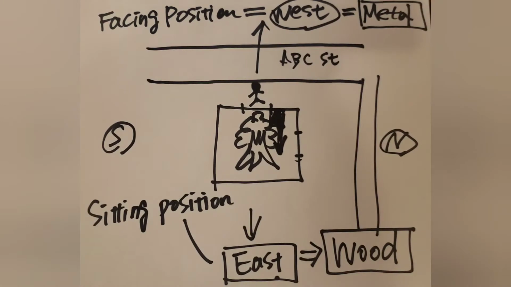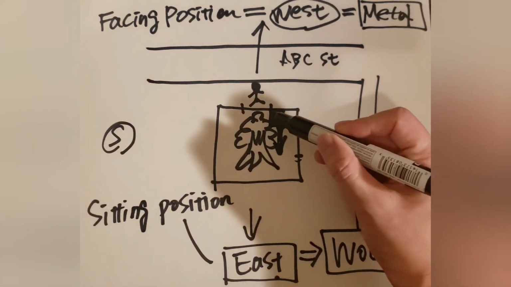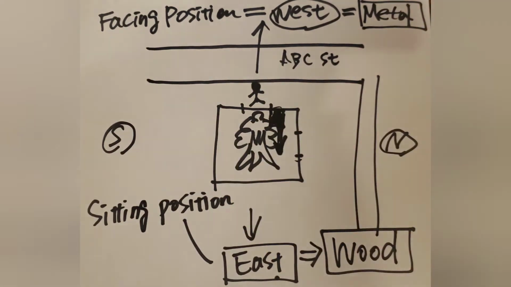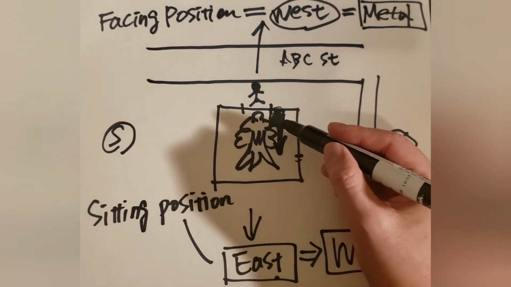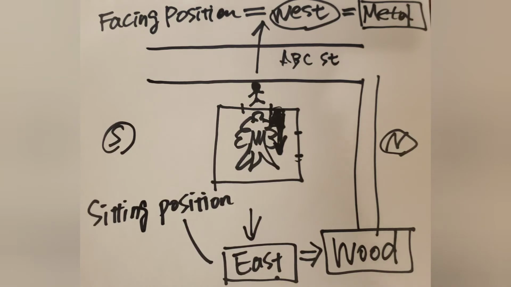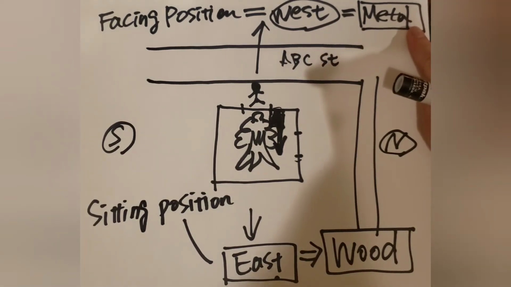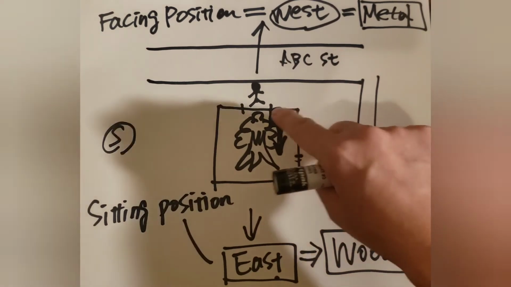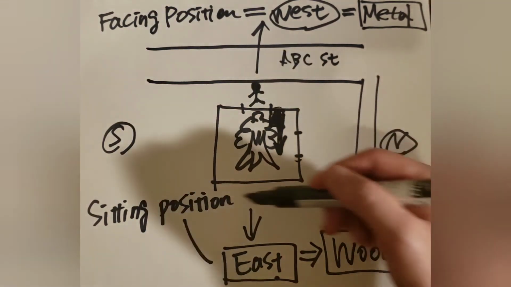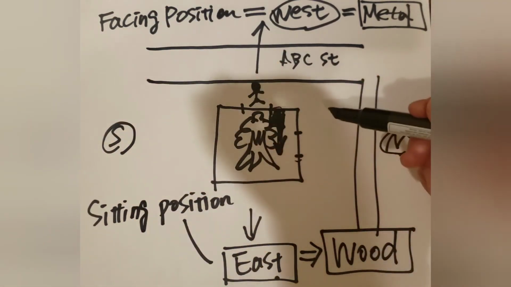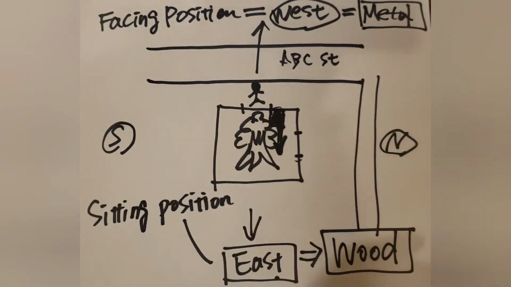So me as a fire personality and my husband as a wood personality are living in a one-bedroom apartment unit with the personality of metal, and this unit is in a building with the personality of wood.